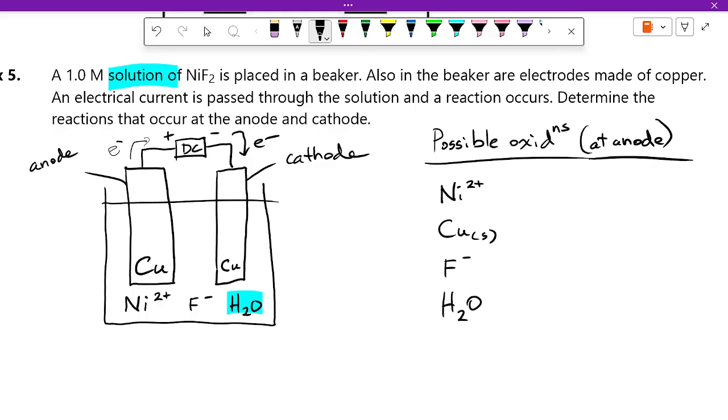I don't see nickel 2 plus anywhere on the right-hand side of the chart. Can you guys see nickel 2 plus anywhere on the right-hand side of the chart? Nope, not on the right-hand side of the chart. So we can just cross it out.